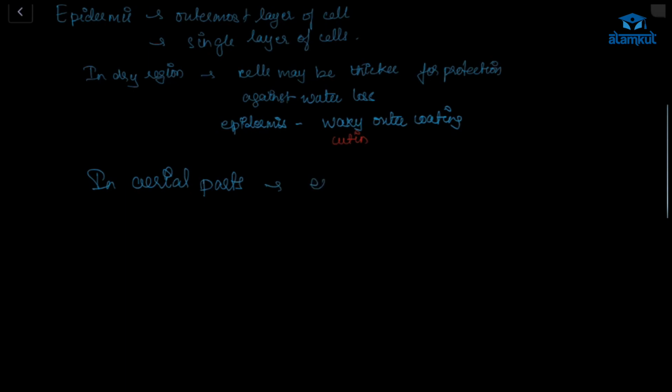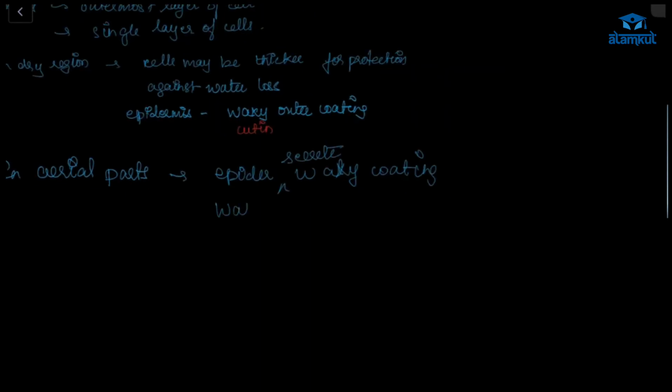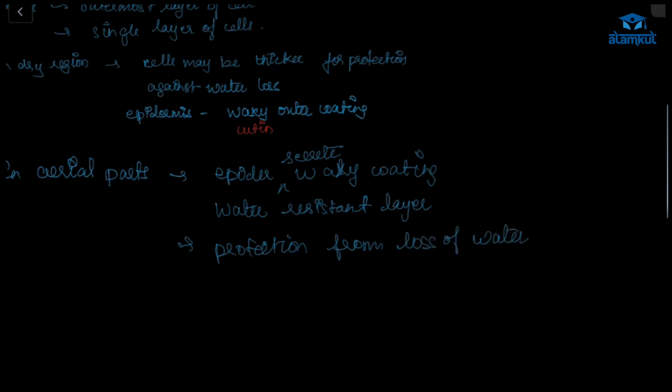Here also the epidermis will have a waxy coating, a water resistant layer. For protection, because in the aerial part there is direct sunlight, the epidermis will secrete a waxy coating for protection from loss of water. Then if any mechanical injury happens, it will protect. And also against invasion by parasites.